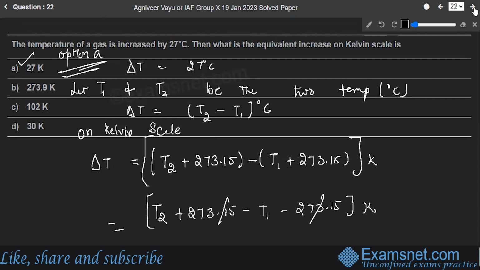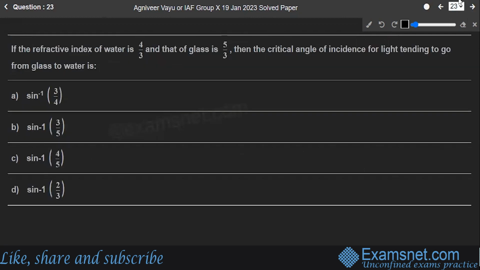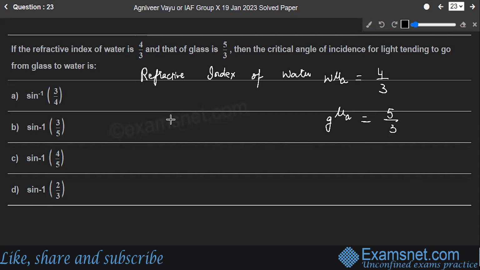Hope you got that. Next is question number 23. If the refractive index of water is 4/3 and that of glass is 5/3, then the critical angle of incidence for the light tending to go from glass to water is. Now you are given that the refractive index of water with respect to air is 4/3, and glass with respect to air is 5/3.